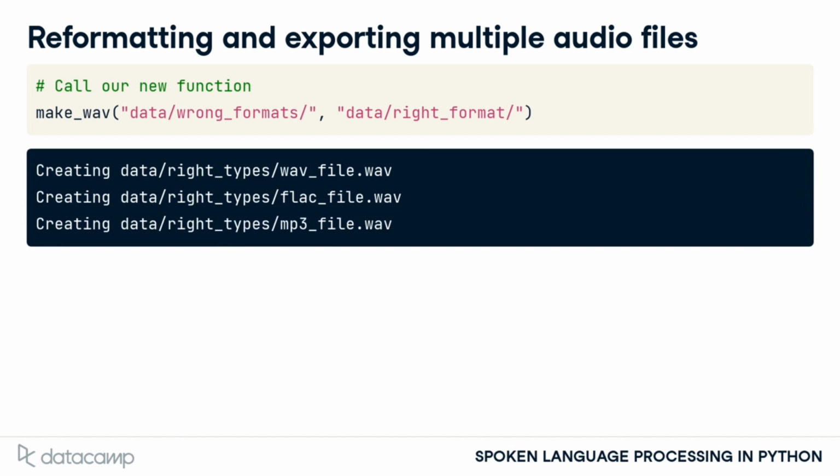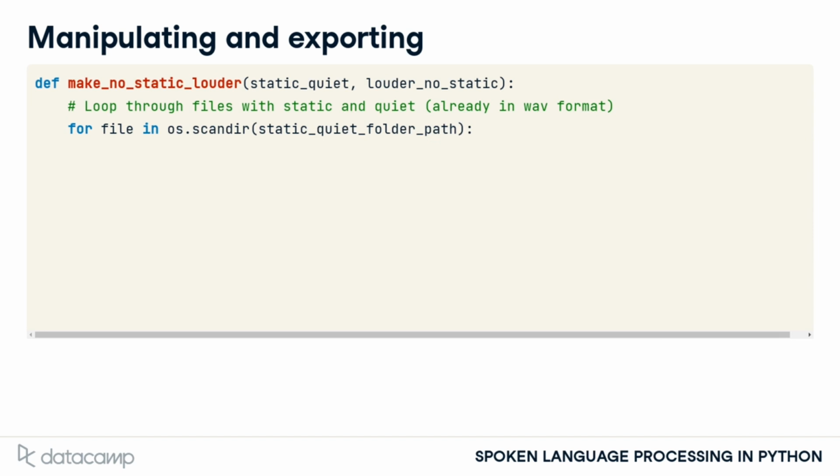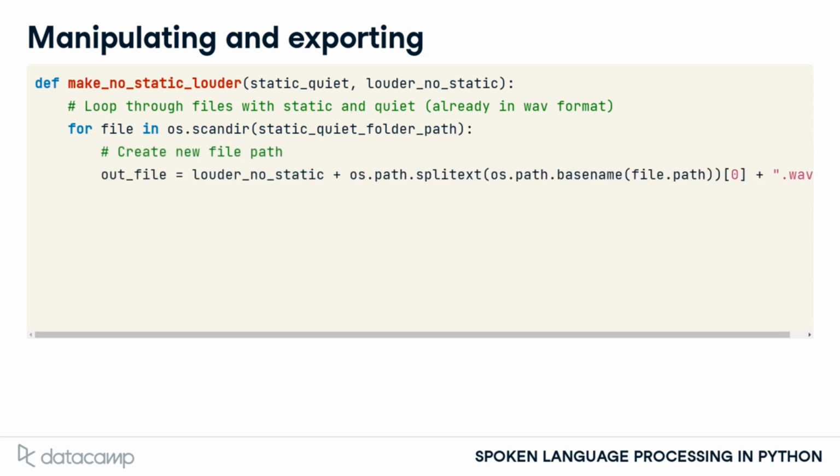You could expand upon this function to manipulate the audio files as you go before exporting them. Let's see an example. During your exploratory data analysis, you find each of your audio files has 3 seconds of static at the start and are quieter than you'd like. The workflow is much the same as the previous function, except this time, to fix the problem, we start by importing each of our audio files.